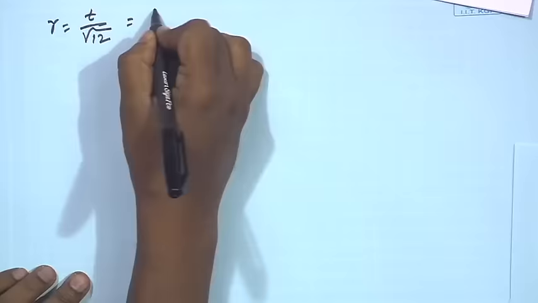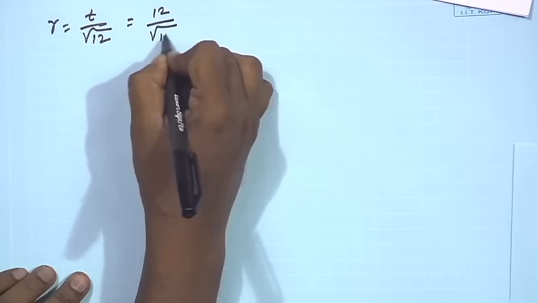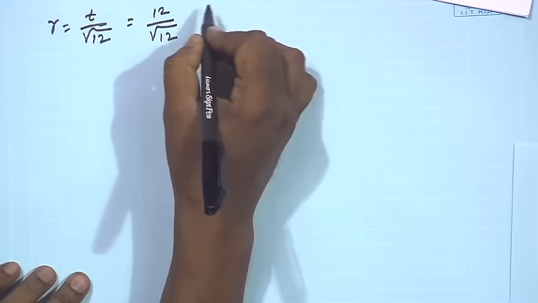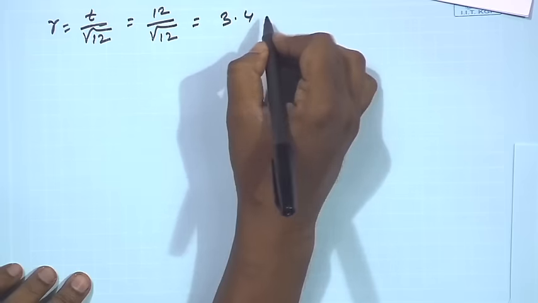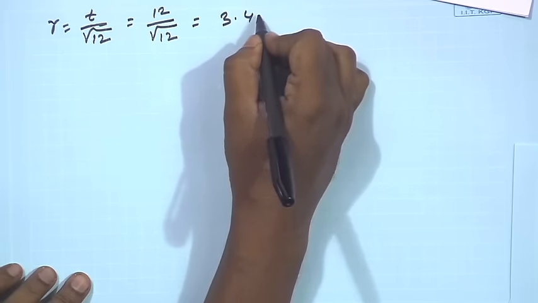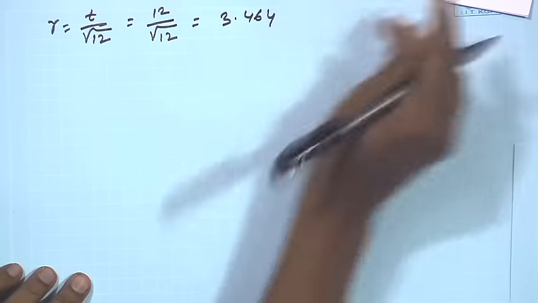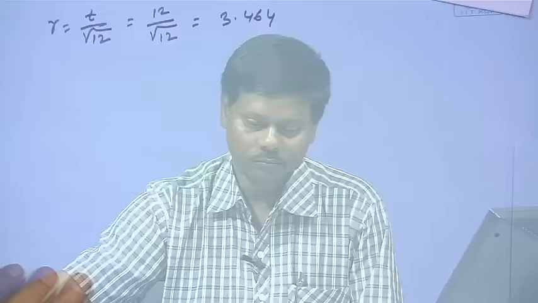Now, R we know is T by root 12 for flat plate. So, we can find out, as thickness we have considered 12, the minimum radius of gyration will be 3.464, right.